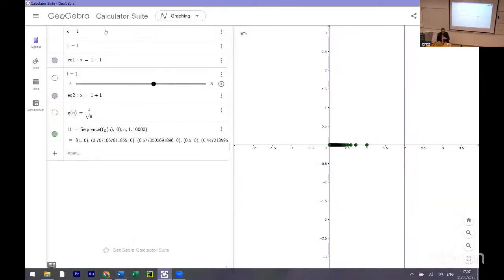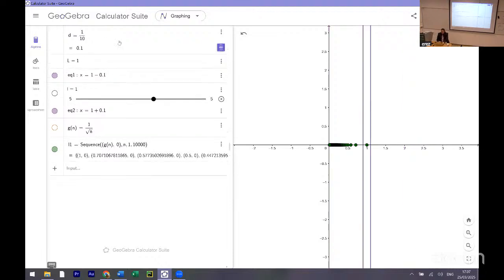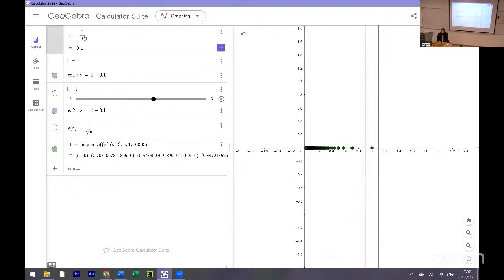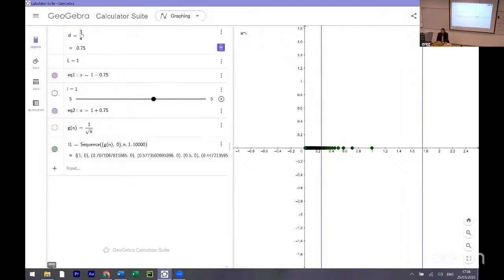And let's take an example. Take the area with sides 1/10. You see? No, it's too soon. 1/2. Okay, or even 3/4. Great.